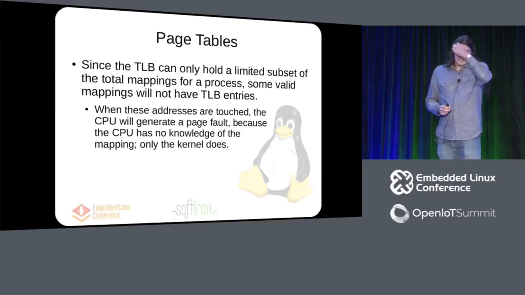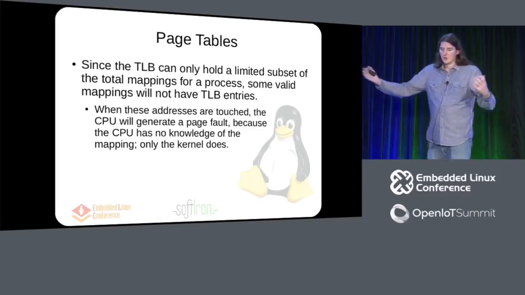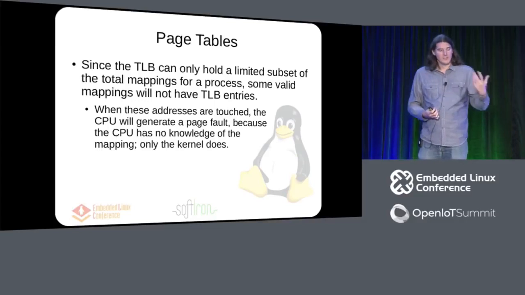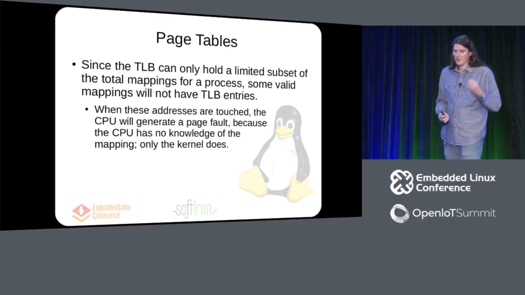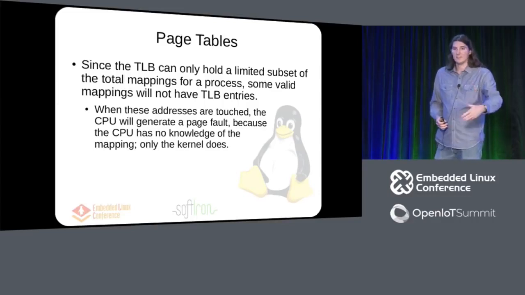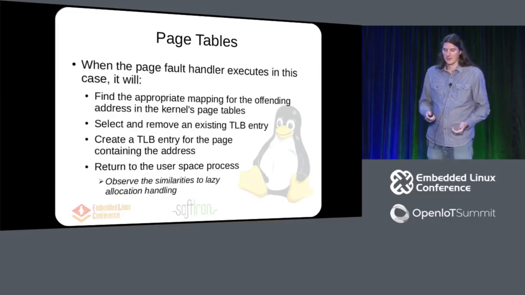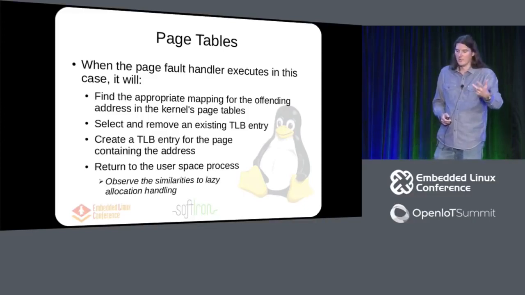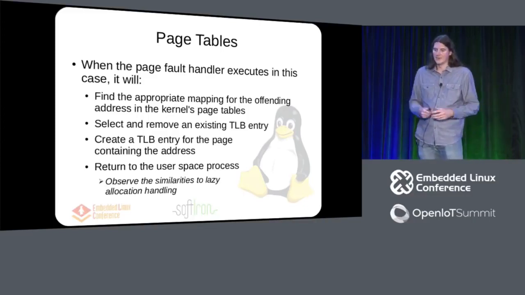Since the TLB, again, holds a limited subset of the total mappings for a process, some valid entries will not have TLB mappings. When these addresses are touched, the CPU will generate a page fault because the CPU has no knowledge of the mapping, only the kernel does. Then in the kernel, the page fault handler will find the appropriate mapping for the offending address.